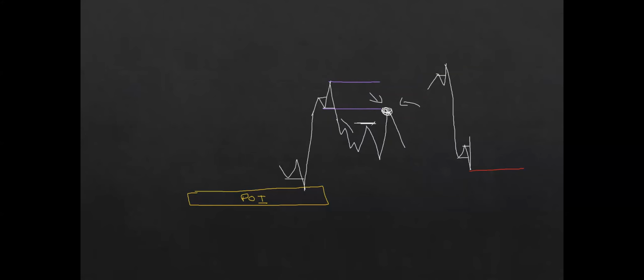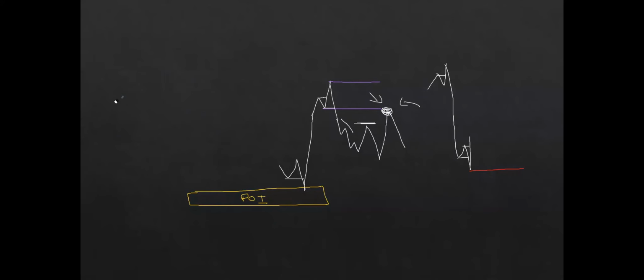Internal liquidity and inducement. Now, as we're talking about this real quick, internal liquidity is not the same as inducement. Internal liquidity is what's inside the range when it's forming. The inducement is a failure swing. Okay? Two different things.